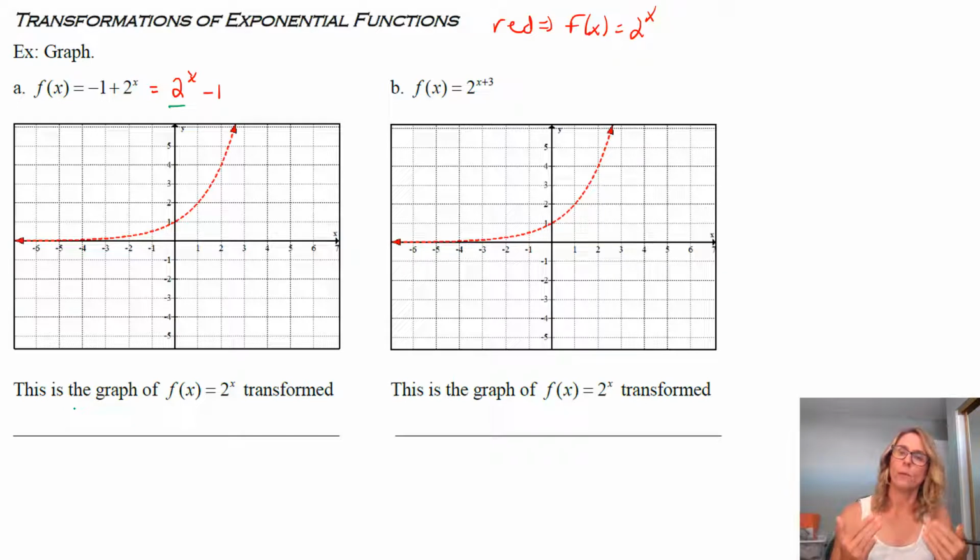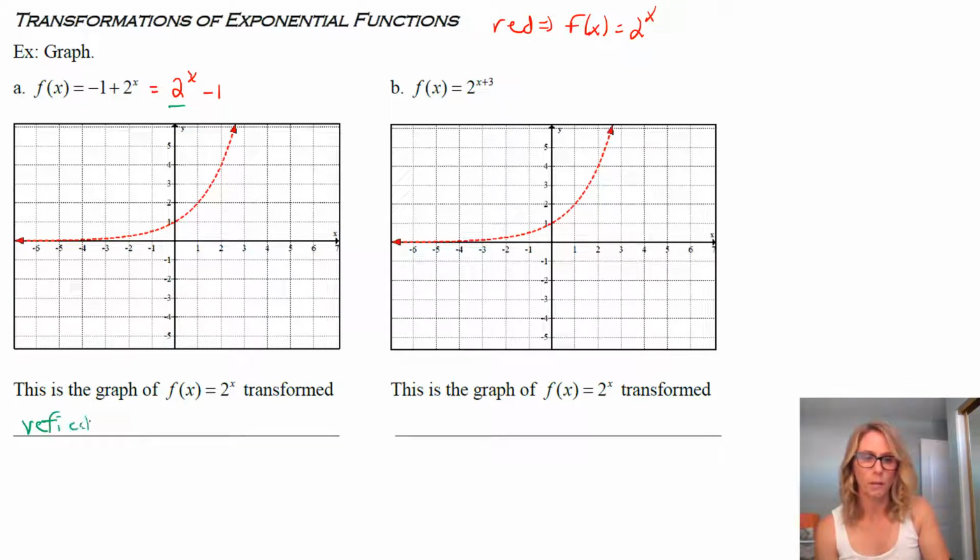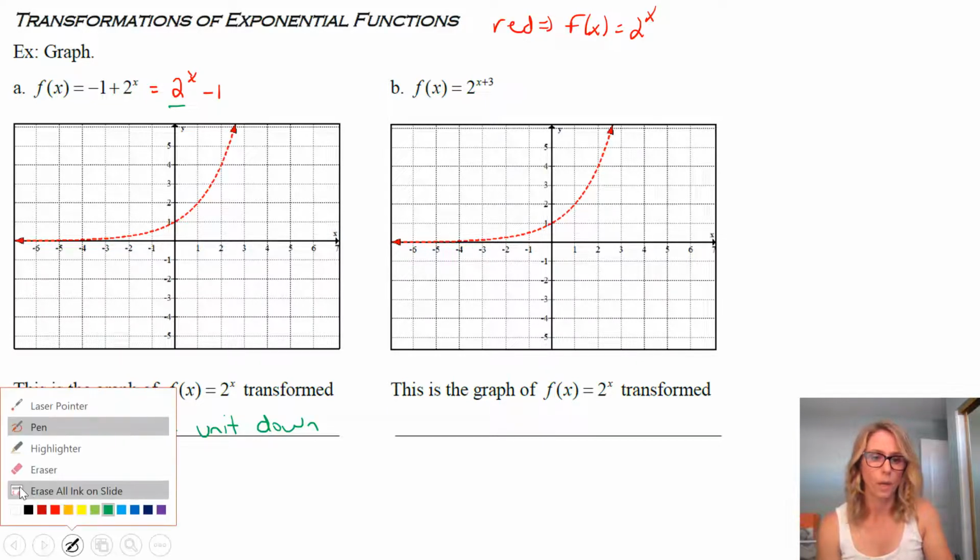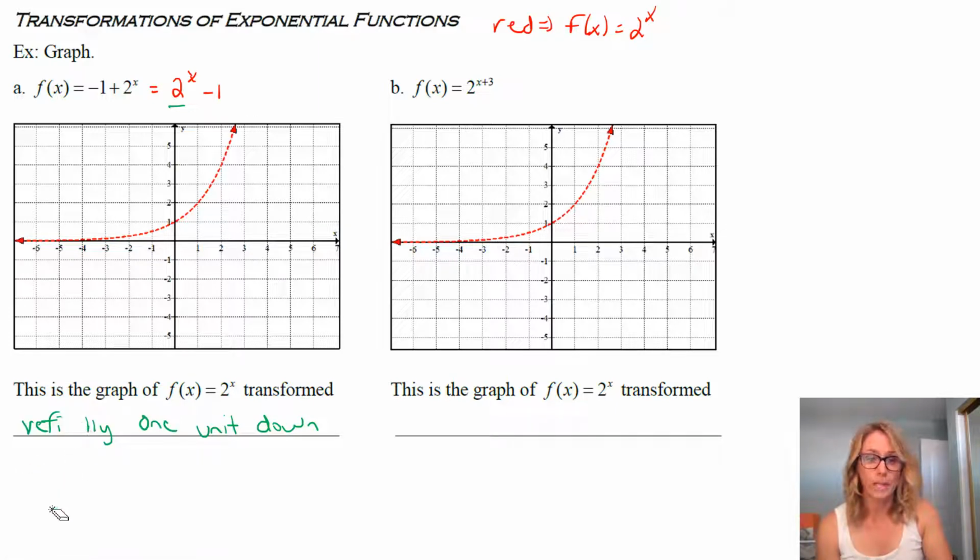We want to remember that when we subtracted 1, we translated it vertically by the number of units that we have after the 2 to the x. It's minus 1, so we're moving down. So it is transformed vertically 1 unit down.